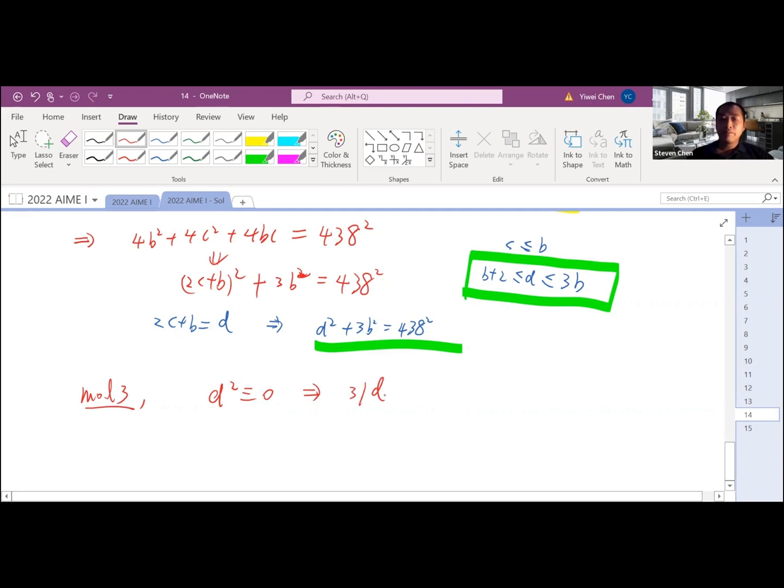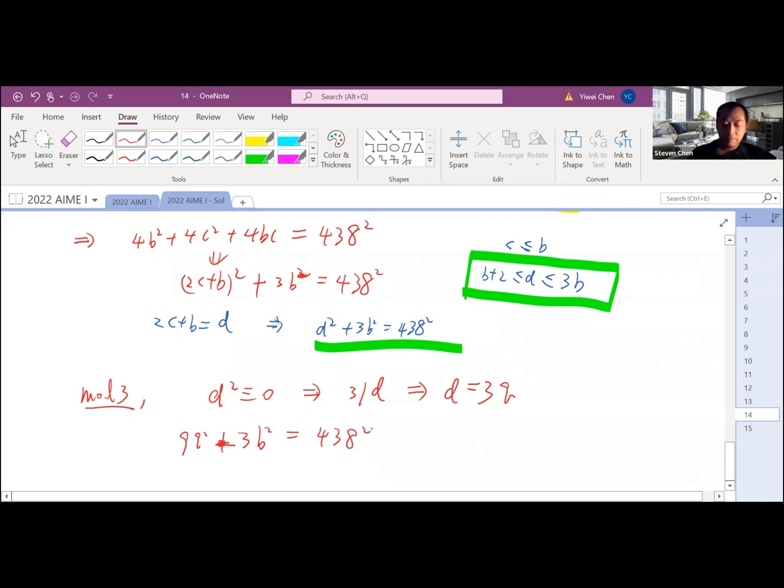Okay? All right. So since d is a multiple of 3, why don't we write d as 3 times a multiplier? Let me call it q. So let's plug d = 3q into the green equation above. So we get 9q squared + 3b squared is equal to 438 squared.